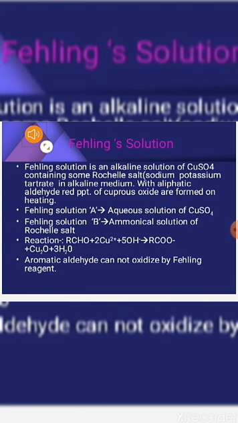When both are mixed together, cupric ions are formed, which are of blue color. So a dark blue color will appear, and when a sample of aldehyde is dropped into it and heated in a water bath, the cupric ion will reduce into cuprous ion, and a red precipitate of cuprous oxide will form there. Simultaneously, carboxylic acid will be produced due to oxidation of aldehyde. Reactions are given already.